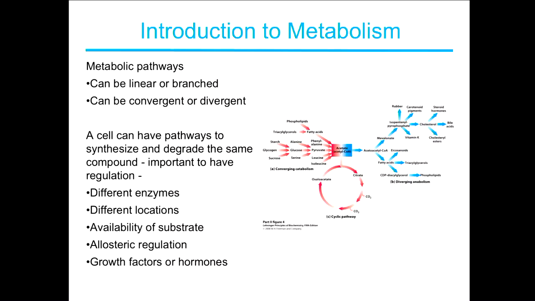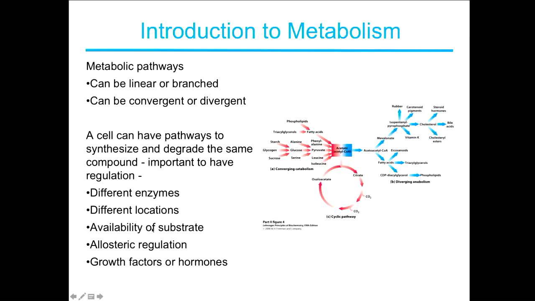You might have different things like a flagellum, or you might have an area around the DNA. You might have other groups of proteins in different places. So you have different locations, so you can have some pathways happening in one place and other pathways maybe using some of the same compounds in another part of the cell or in another cell type.